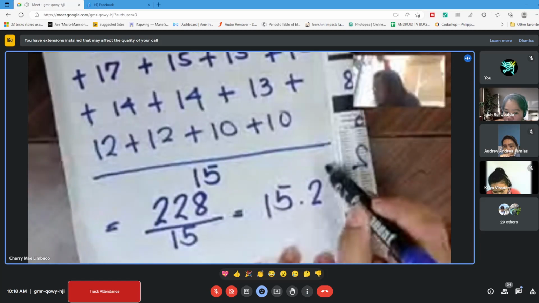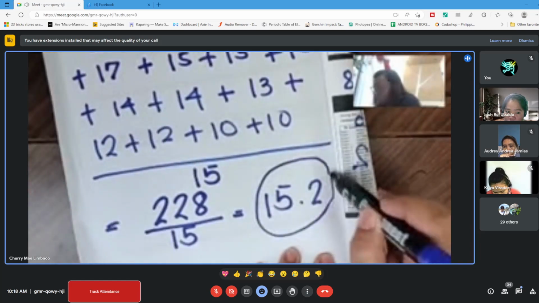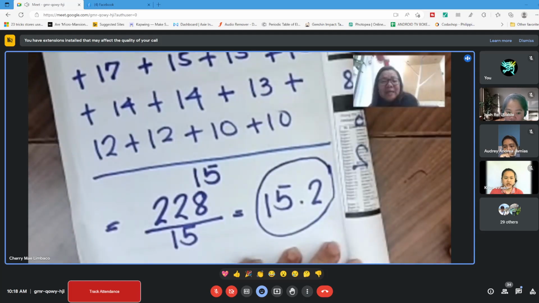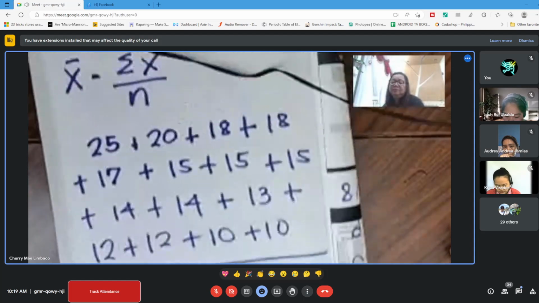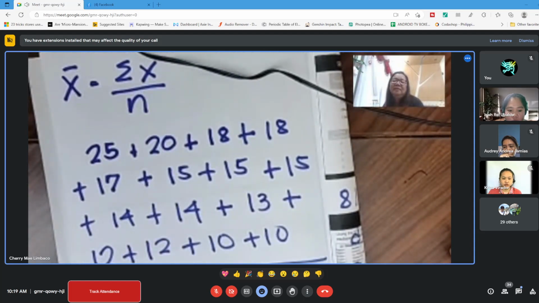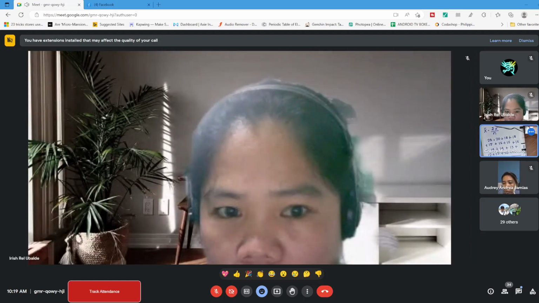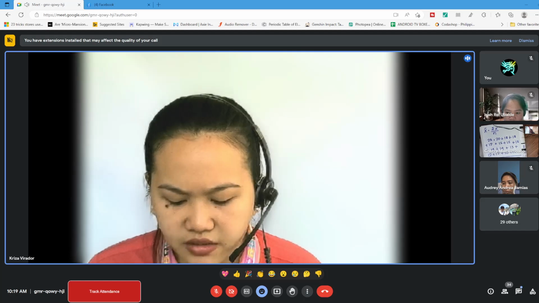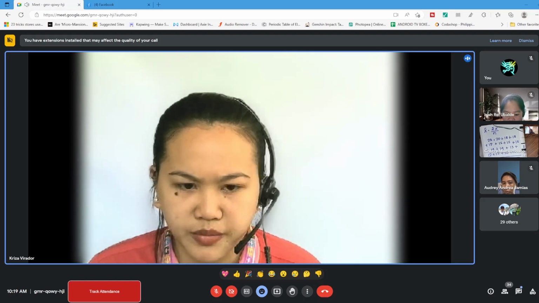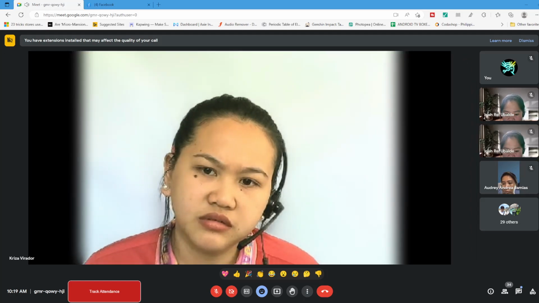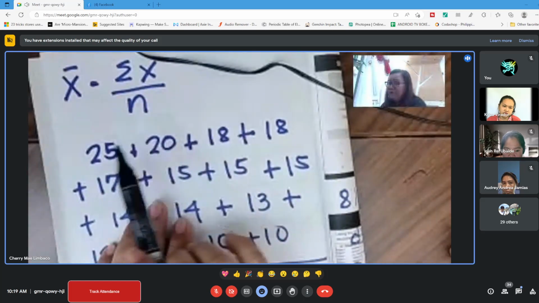The average score is 15.2. So how many got a score higher than 15.2? If 15.2, Doc, only 5 of them. But if we do not count the 15s, so 1, 2, 3, 4, 5.